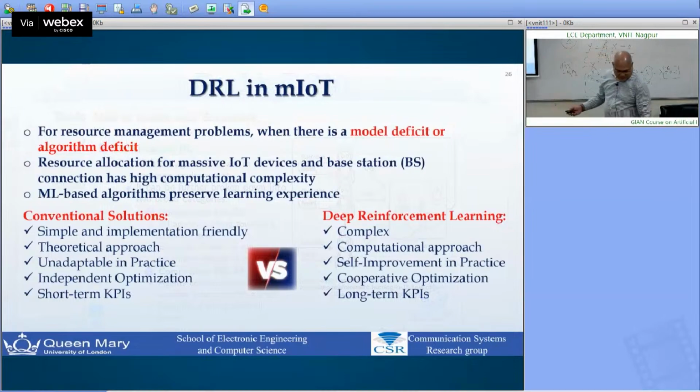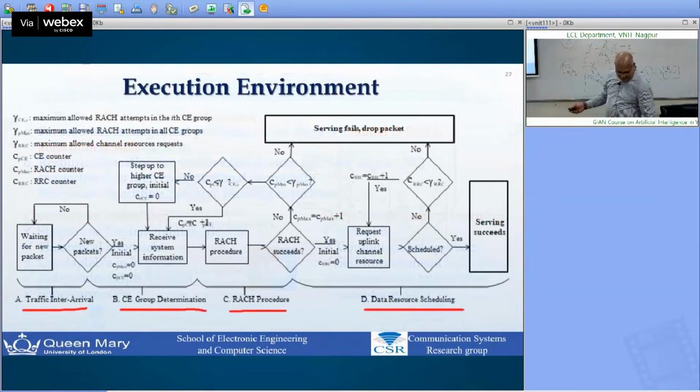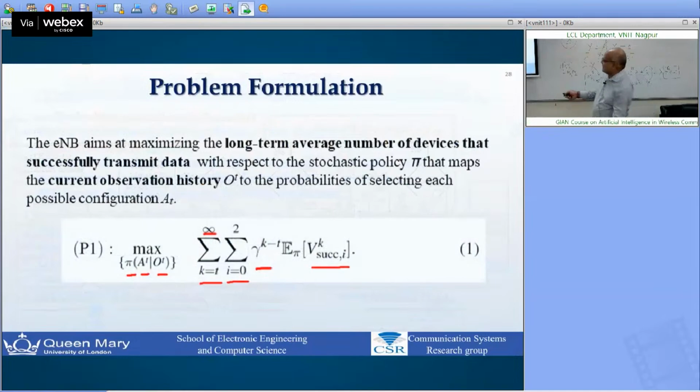How does it consider the long term? I'll come back to that later. How it considers is this one. Here, the expected value of successfully served devices within these three regions, region 0, region 1, region 2, green, red, blue, all three regions, the number of successfully served devices. Here we have a weight factor. If you put k equal to t, the current time interval, this weight is 1.